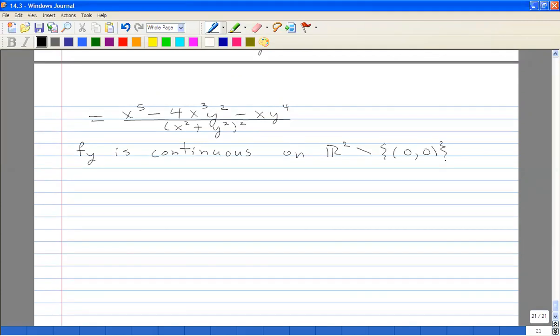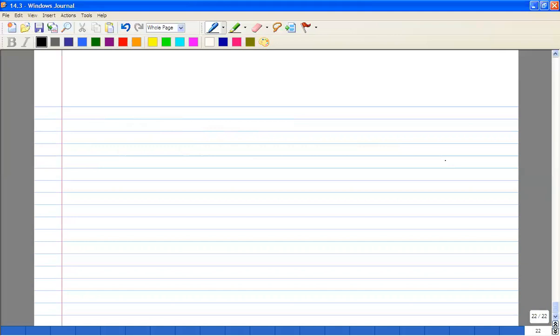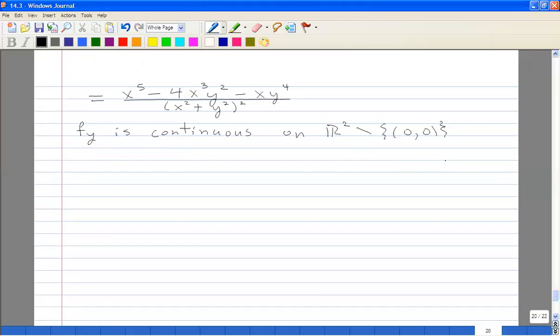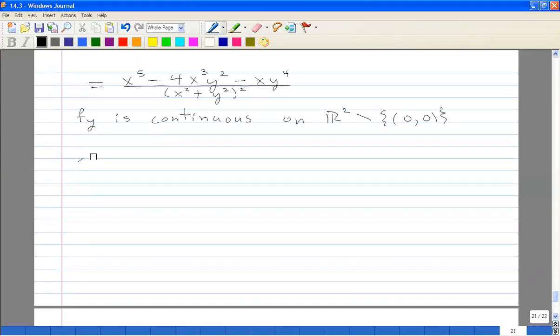Okay, so let's show that this is continuous at the origin. So I guess I'll use the same sort of trick. So let's look at the limit. I want to show that this limit here goes to 0. Partial of f with respect to y.